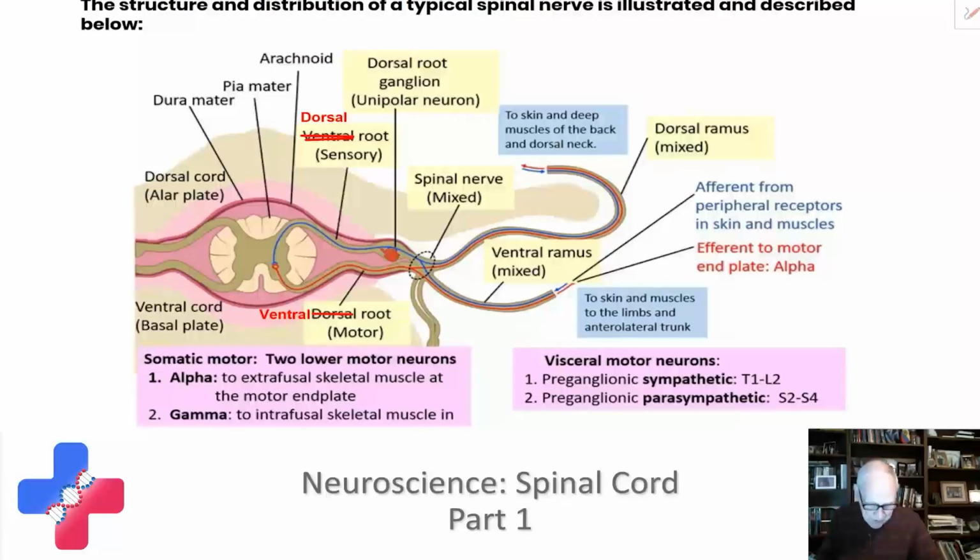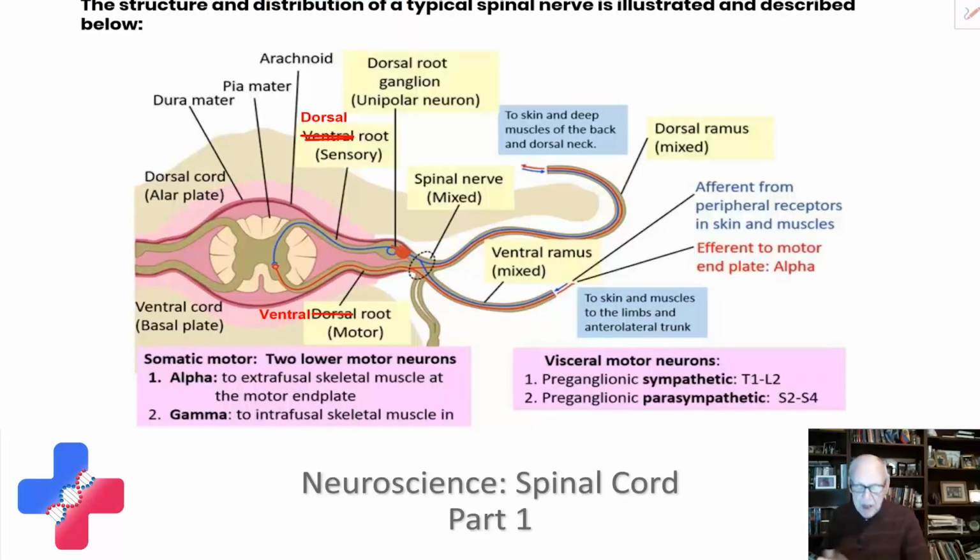Now notice from the dorsal root ganglion into the cord, this blue part of the unipolar neuron is the central process, and it's actually the central process that makes up all the dorsal roots. So when you think of a dorsal root of a spinal nerve, you think of sensory, you think of unipolar neurons, and you remember the axons that make up the dorsal roots are the central processes of these unipolar neurons.